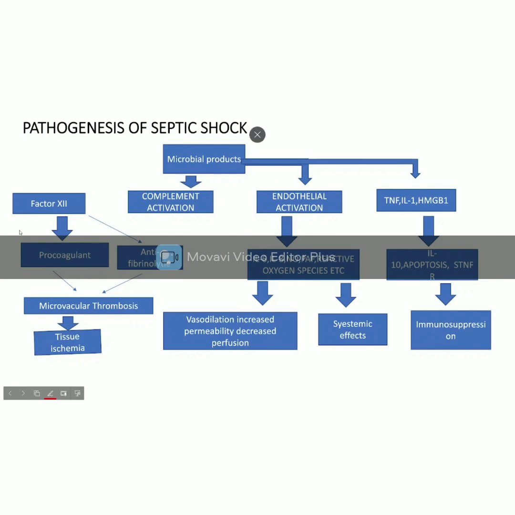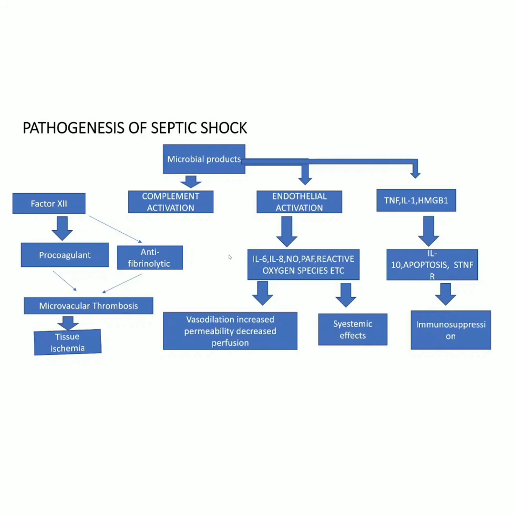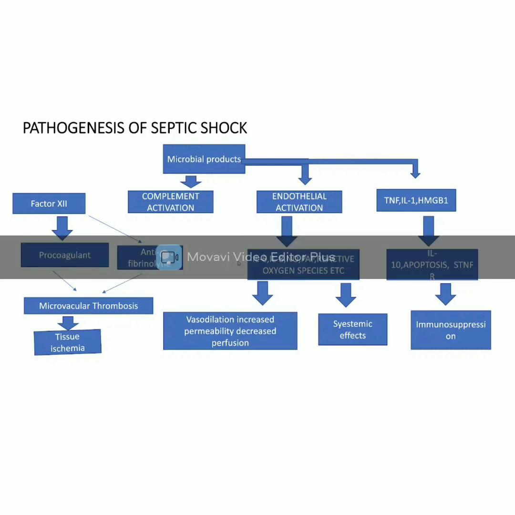So overall, this is the pathogenesis of septic shock. If we have to conclude, you have to remember there is invasion of microbial products. A thief enters into the home. The time you see the thief in the camera, all the alarms start ringing.